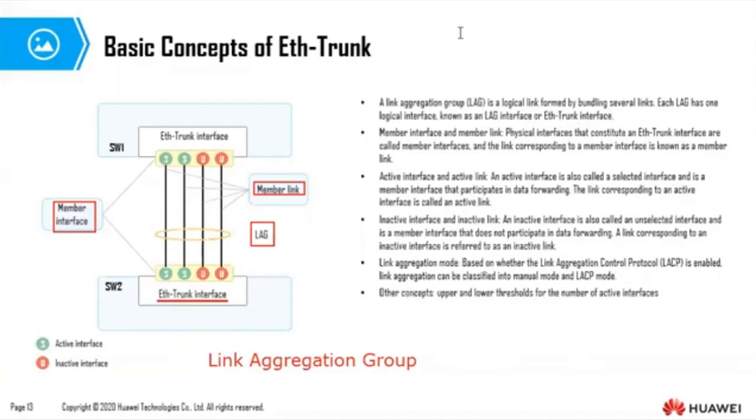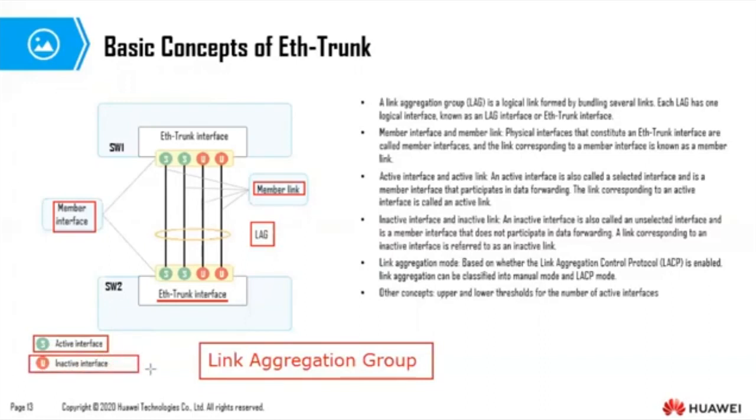Now, on a LAG or an Ethernet trunk interface, you might have some links that are forwarding data and other links that are not forwarding data and are just acting as backup. For example, here, these ones that are blue are forwarding data, and they're referred to as active interfaces, while the others, the ones that are not forwarding data, are referred to as inactive interfaces.